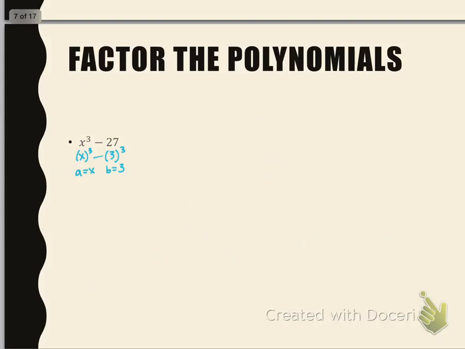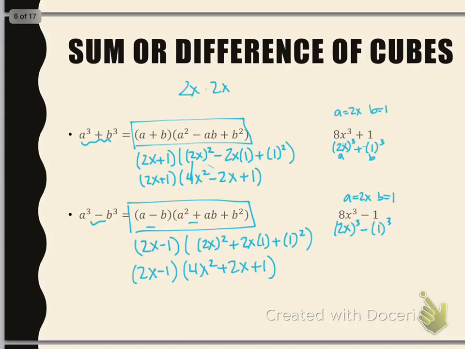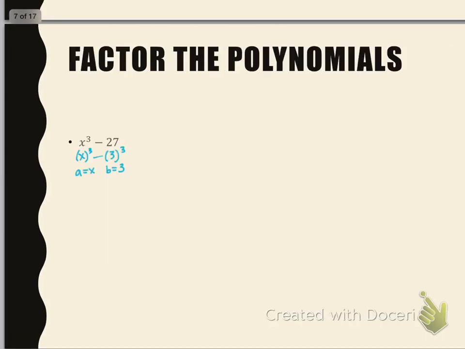So when I plug it in, this is the equation I'm going to use. If I go back, the one with the minus sign, so I'm going to be using this equation. So I'm going to do my a minus b, a squared plus ab plus b squared.